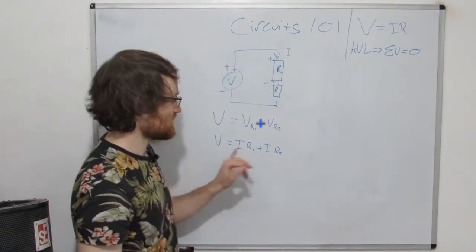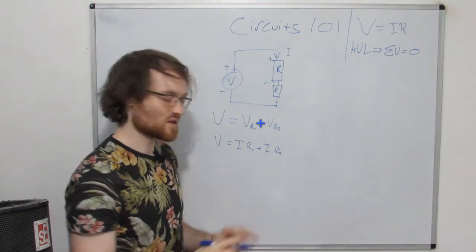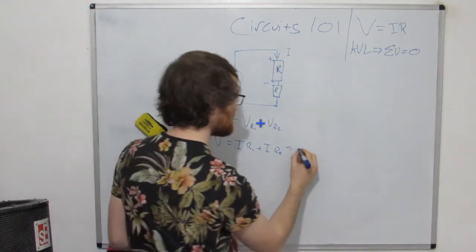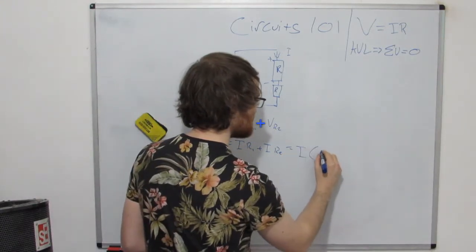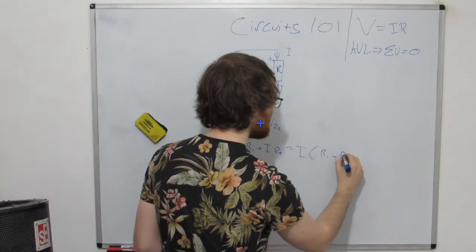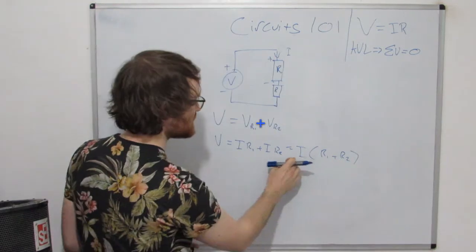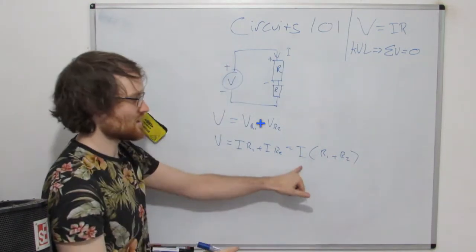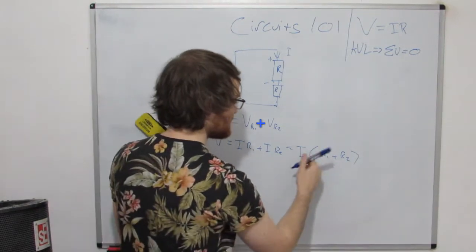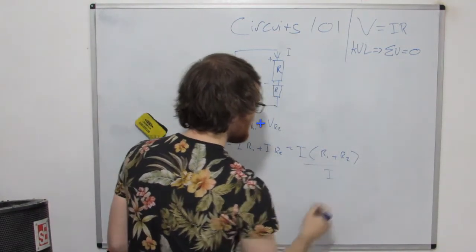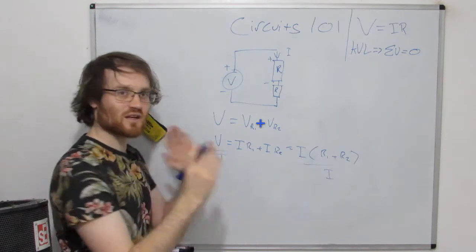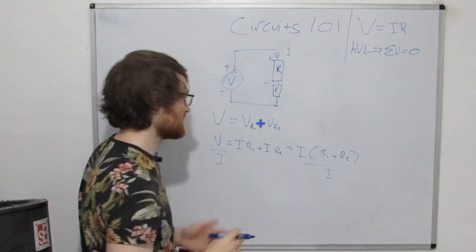Right, and then because we have I's multiplied by both things, we can take the I outside, and just say I multiplied by R1 plus R2. And then we can divide both sides by I to get the I over this side, because if you divide both sides by the same thing, you're allowed to do that.